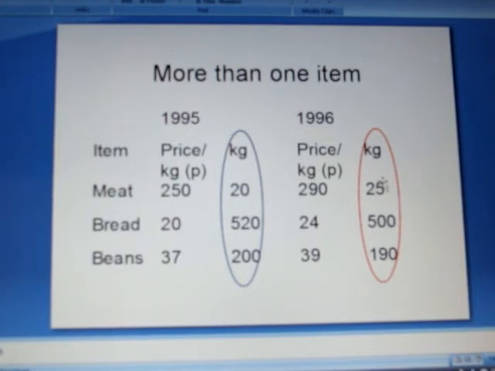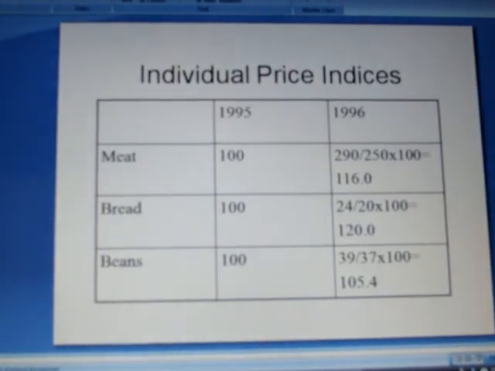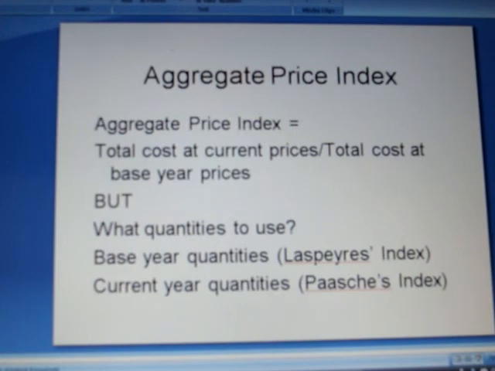Or since price multiplied by quantity equals the cost of the item, the aggregate weighted index will be total cost at current prices divided by total cost at base year prices.